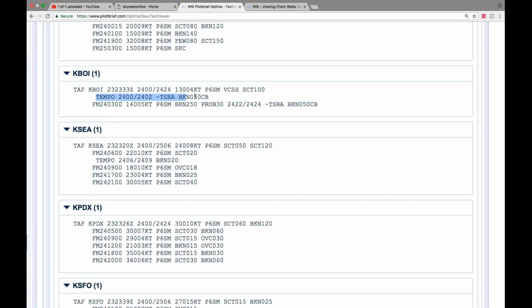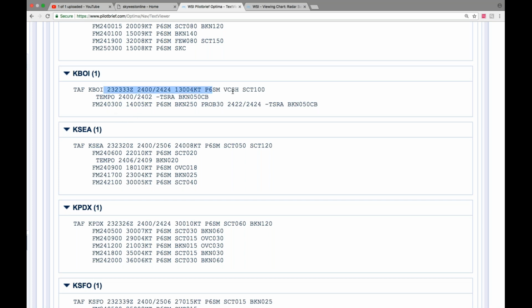But yeah. So here's the next thing that we need to learn about, these temporary remarks. So this line is valid from this 2333 Zulu until 0259 Zulu.